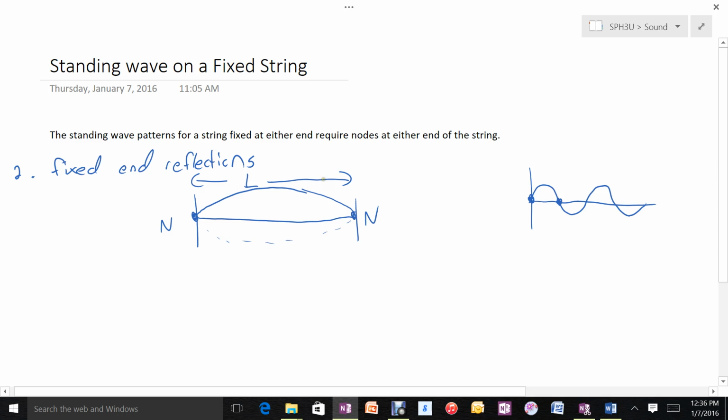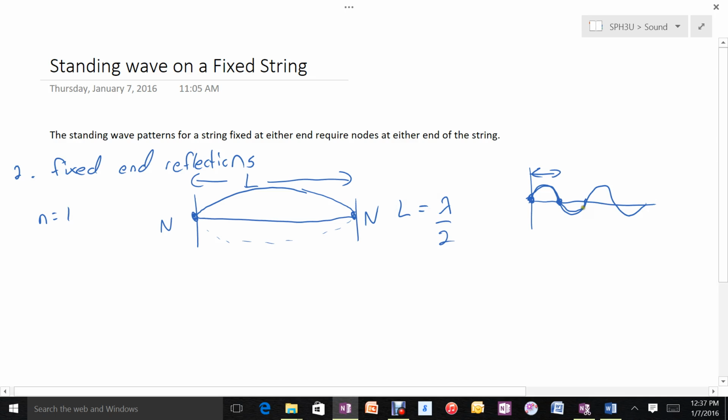In this case, L is going to be equal to, if this is a full wavelength, this, which works out to be half of a wavelength. So the simplest, often referred to as the n equals 1, the fundamental frequency, or the first harmonic, is half of a wavelength is equal to the length of the string.